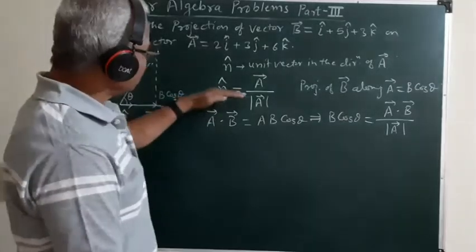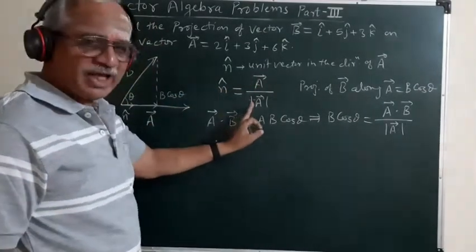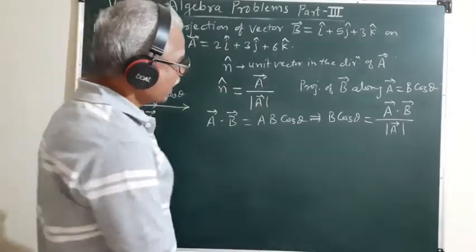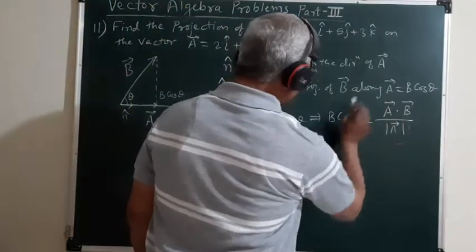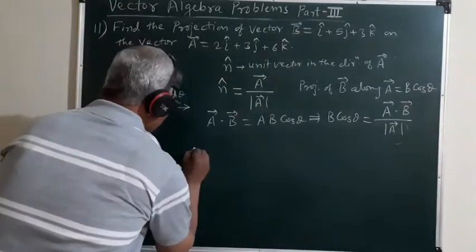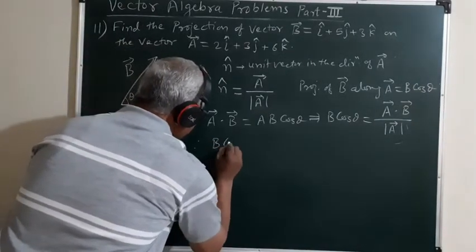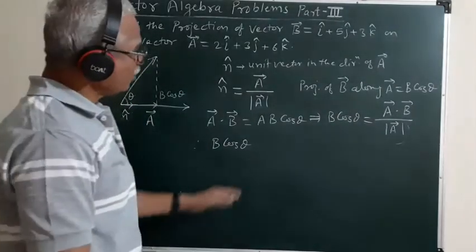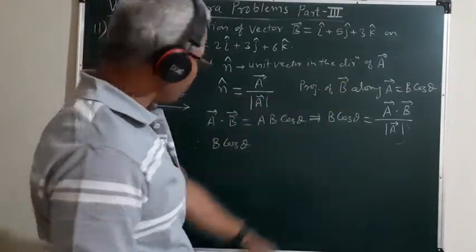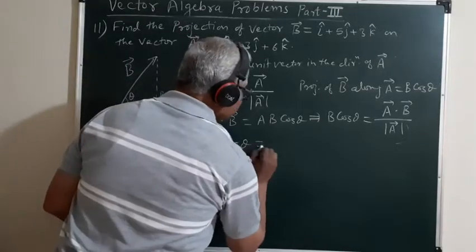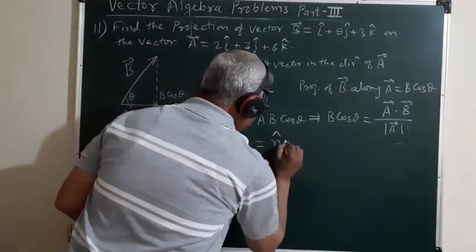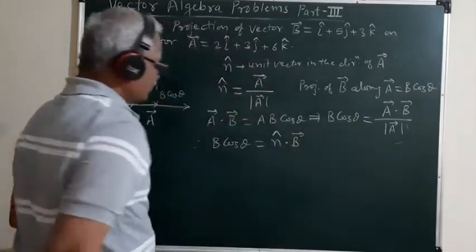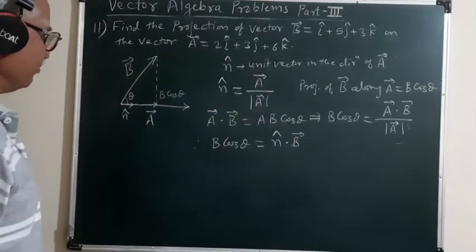But we have this ratio a bar upon mod a bar as n cap. So we can replace this ratio a bar upon mod a bar by n cap. Therefore we can write b cos theta, the component of b bar in the direction of a bar, or the projection of b bar along a bar, is equal to n cap dot b bar.